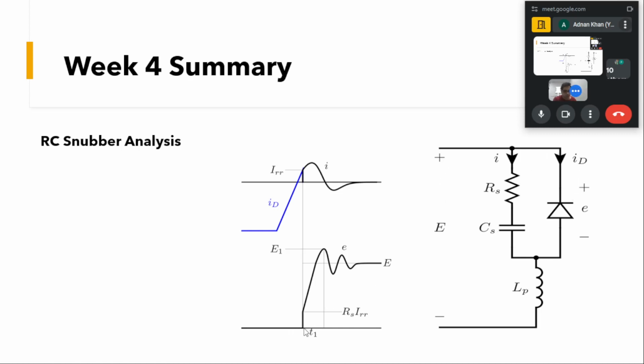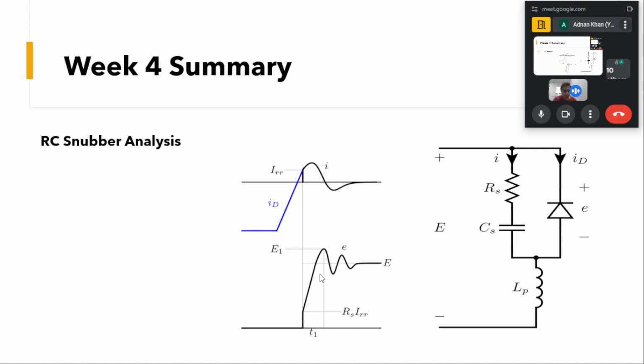As soon as the current shifts from this device to this RC snubber at reverse recovery current, you can see this current, when it flows through this R, will cause some voltage drop, equal to RS into IRR, and that current will flow through this capacitor, which causes the capacitor to charge.